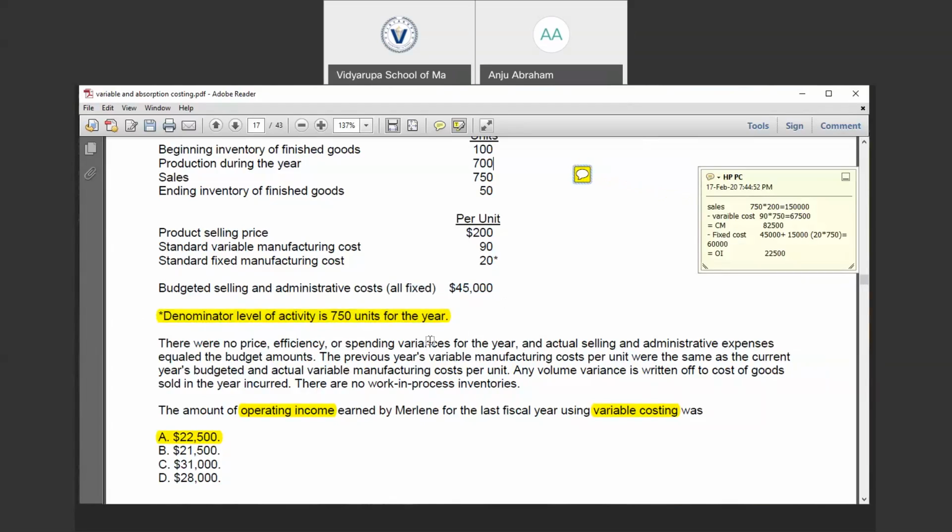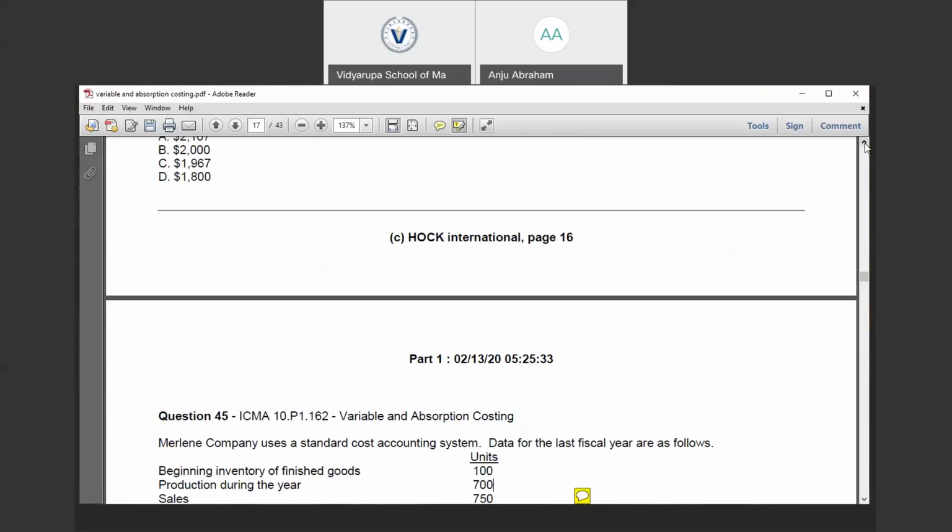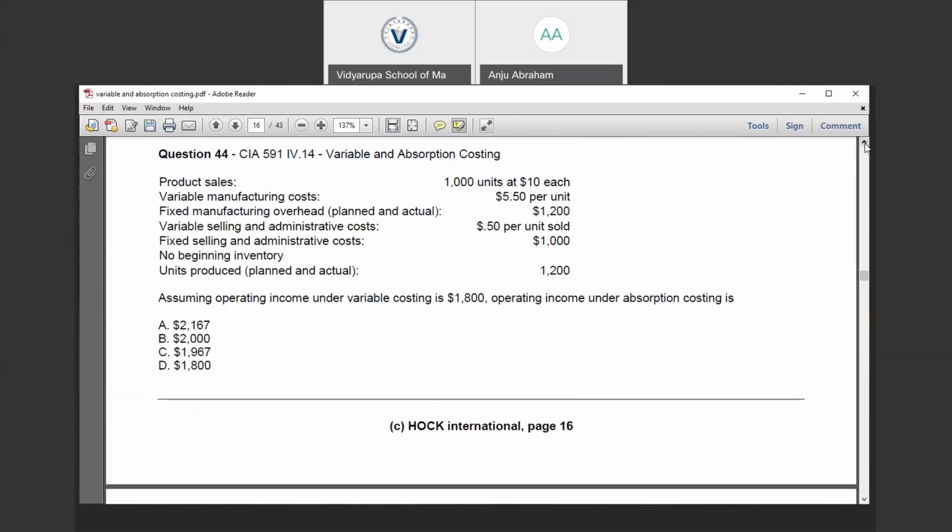So we need to take the fixed manufacturing overhead for these 750 units. Okay, are you clear? Can I move forward? Okay.